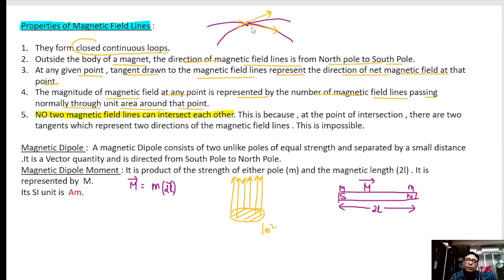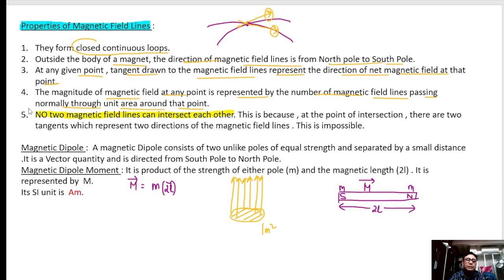So at the same point there are two tangents drawn, which shows that the magnetic field has two directions, which is not possible. So the magnetic field at a given point can have only one direction. So that is why magnetic field lines cannot intersect each other.